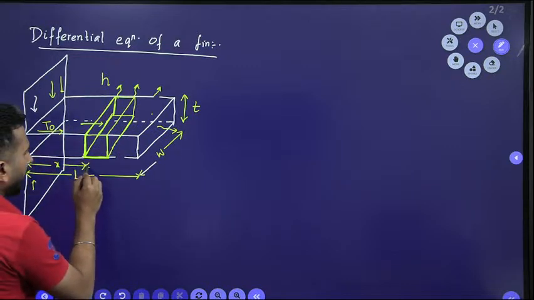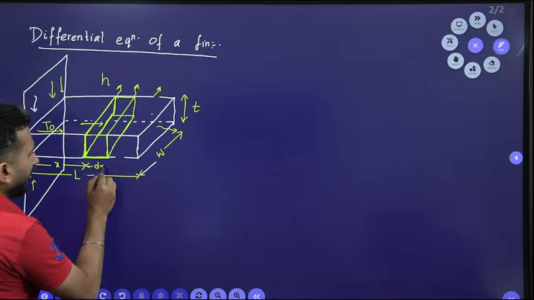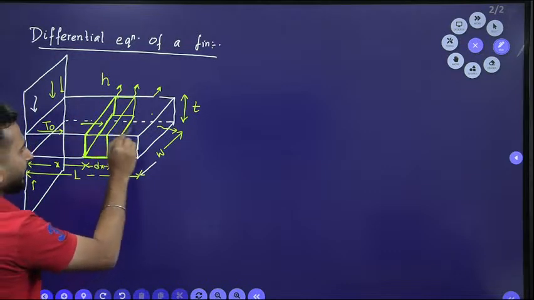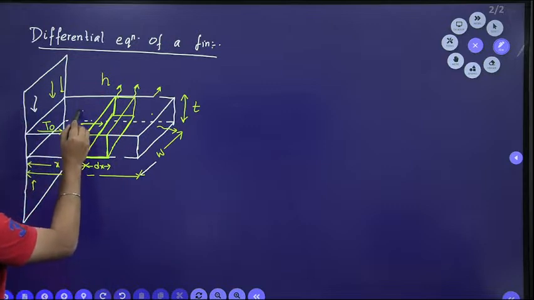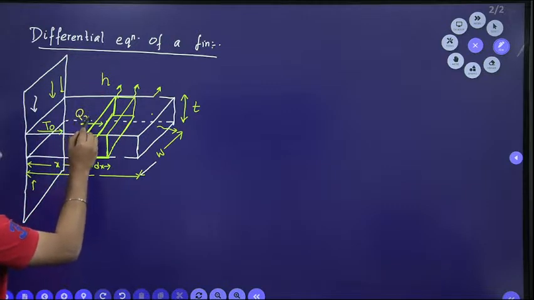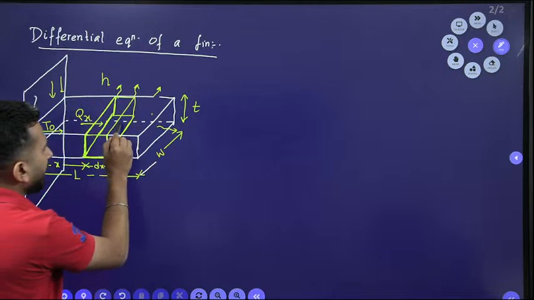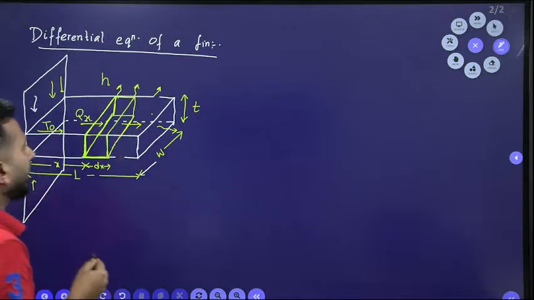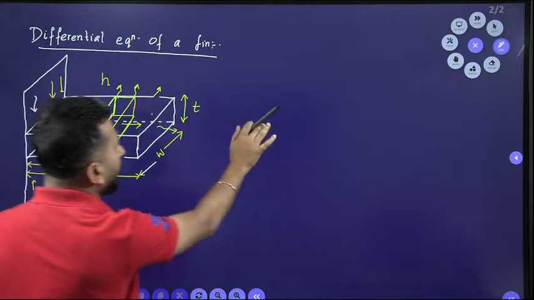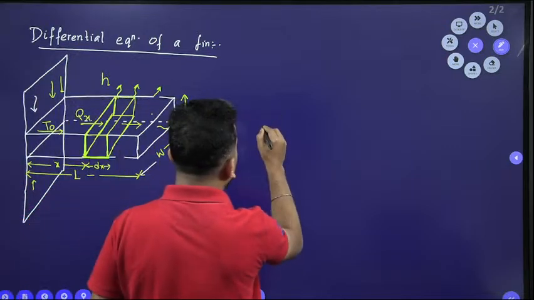I am assuming this thickness to be dx, so this face automatically will be at x plus dx. So if qx is getting conducted at the first face, over here it will be q at x plus dx. Okay. So let me bring this material over here and let us try to see in detail what is actually happening.